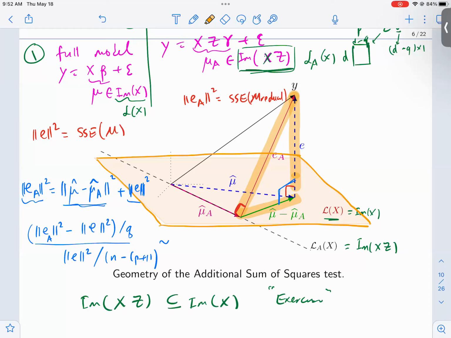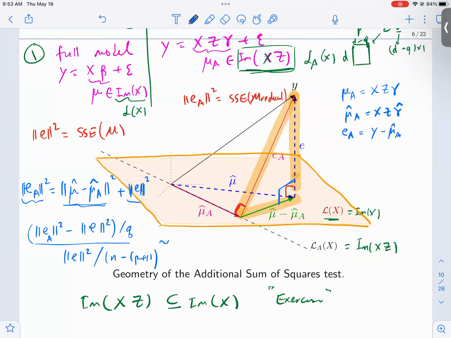Mu hat A is the fitted value after you model, while XZ gamma is the actual true mean vector. So mu A would be XZ gamma, which we are not showing in this plot. Mu hat A would be XZ gamma hat.